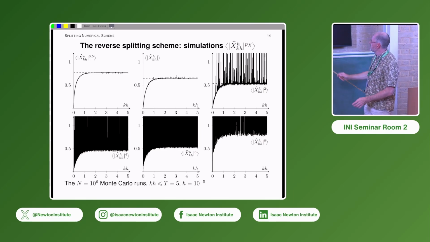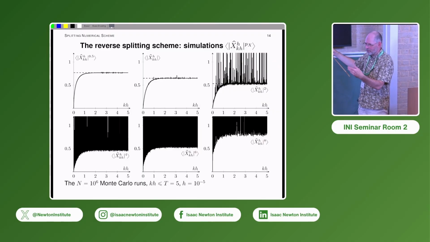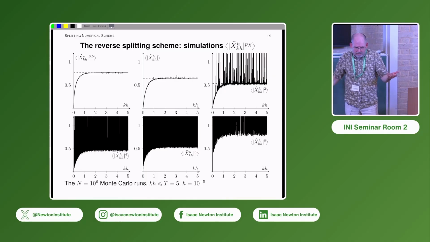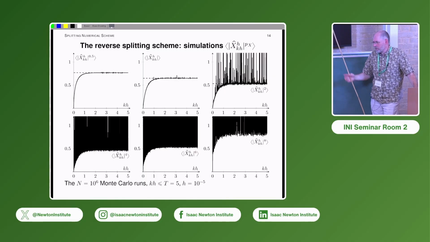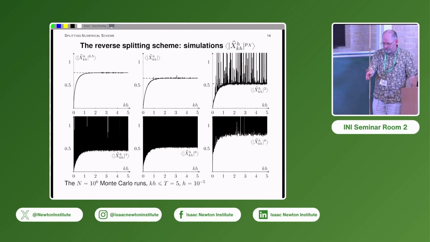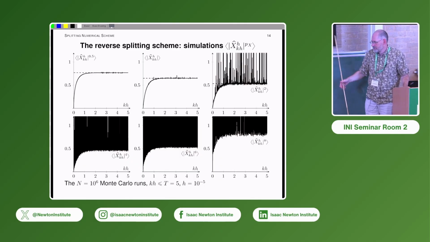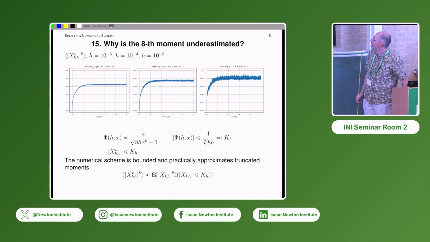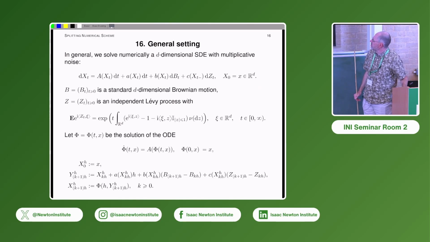But if you do simulations for a long time, they come pretty often. And this is the picture. But essentially, in probability, it will converge, clearly. Because it converged before, and then you add something small, so it converges in probability. Why the higher moments are underestimated, to be honest, is not really interesting.